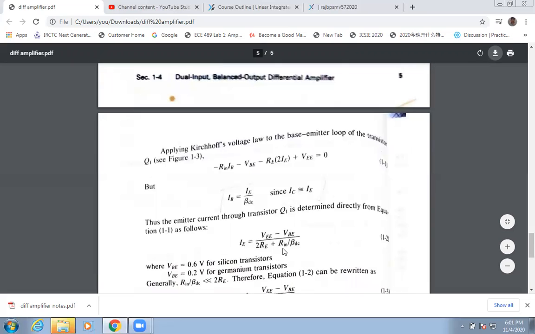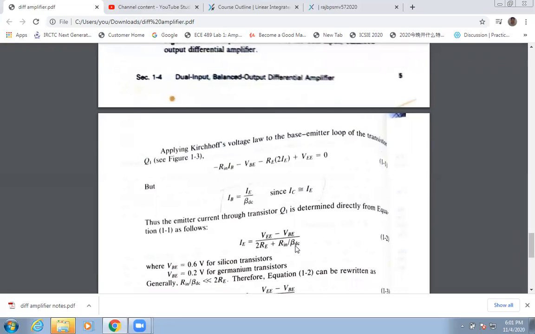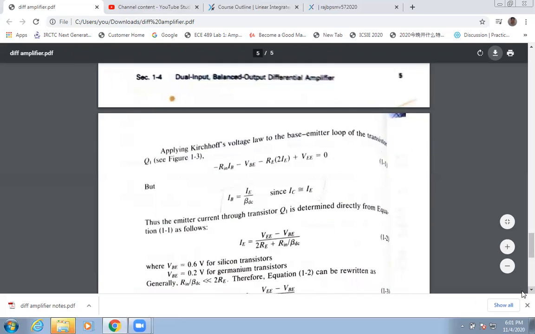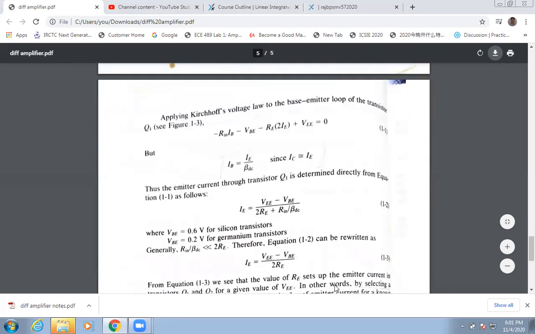Generally, Rin divided by beta DC is much less than twice RE. Therefore, we can replace this term by a 0 and obtain the equation IE is equal to VEE minus VBE divided by twice RE.